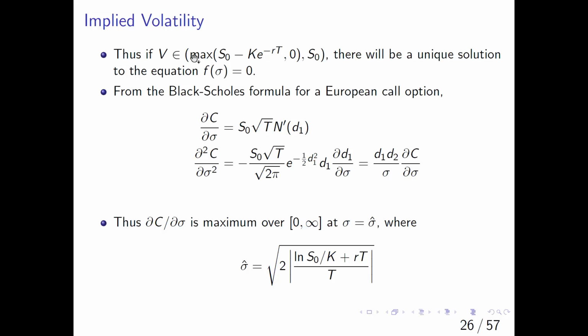So essentially I'm telling you, whenever you load the market quote from the data file, you should check whether the European call option falls in this range or not. If it's not, that means the option value is not a valid quote.